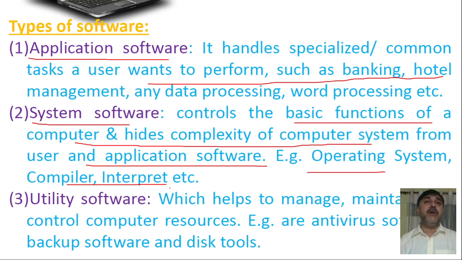Fine. Next we have utility software. Utility software means based on which you can get different types of utilities. Based on it you can manage things and control resources, like antivirus software, isn't it? Backup of the software that we need to do. These are the different types of things we find, and in each and every part of this work we see how we are going to have this software and how we are working on this particular software system.